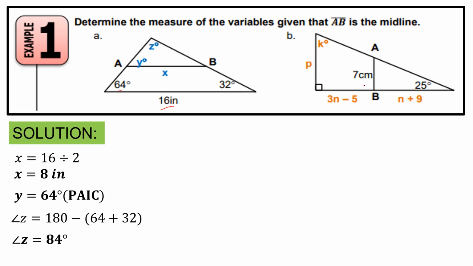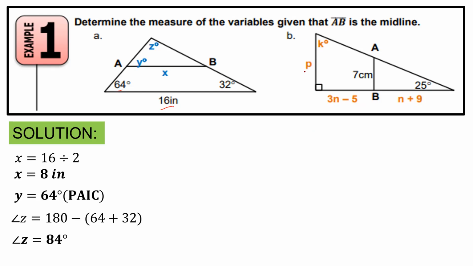And also we need to find the measurement of k degrees given the measurement of an angle of 25 degrees. Since it is a right triangle, the measurement of this angle is equal to 90 degrees. And for the legs, we have to find the measurement of these two segments, 3n minus 5 and n plus 9. Okay, so here's the solution.